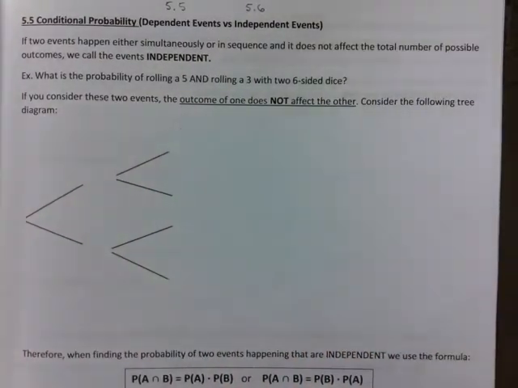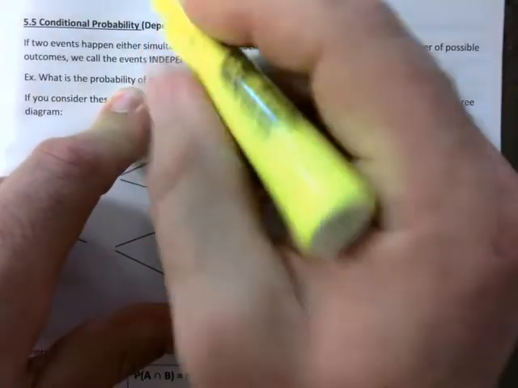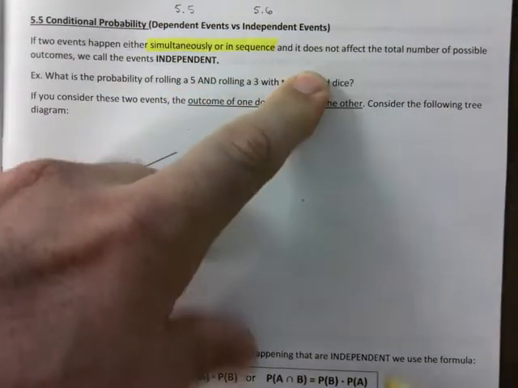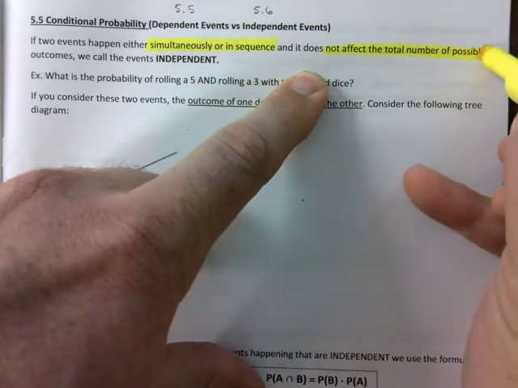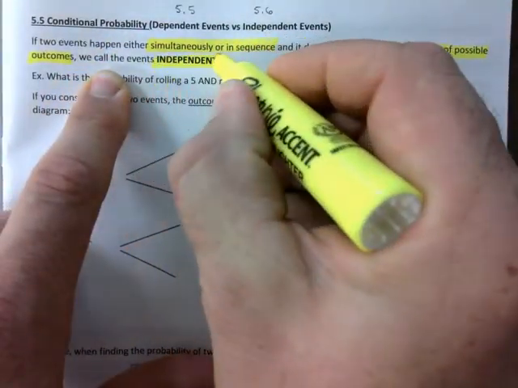Two events happen either simultaneously or in a sequence. So it doesn't matter if you do them both at the same time or in a sequence, and it does not affect the total number of possible outcomes. Events are called independent.